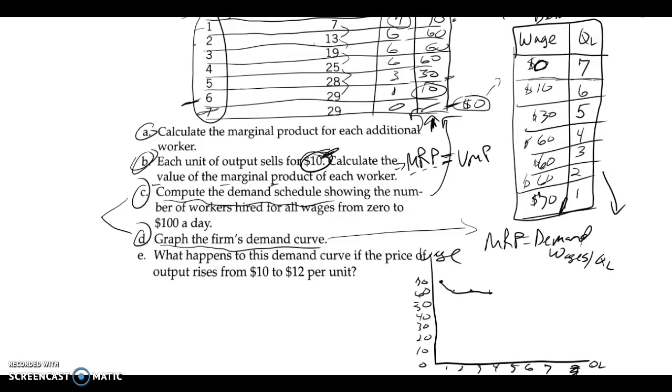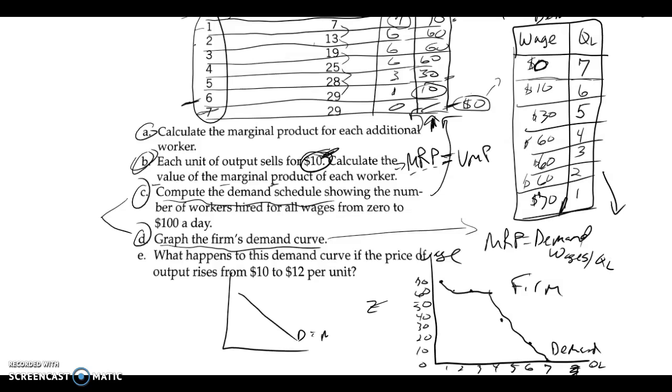But then at a wage of 30, we had our 5th worker. At a wage of 10, we had our 6th worker. And at a wage of 0, we had our 7th worker. So we're downward sloping like that. Here's our demand for labor for this firm. Most of the time, we just graph it like that.